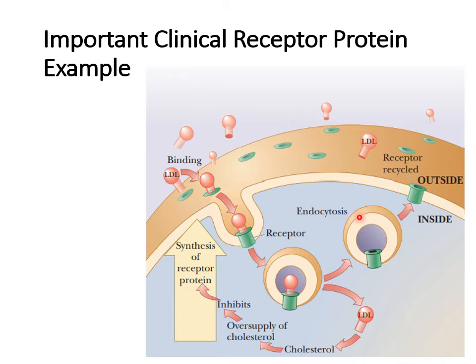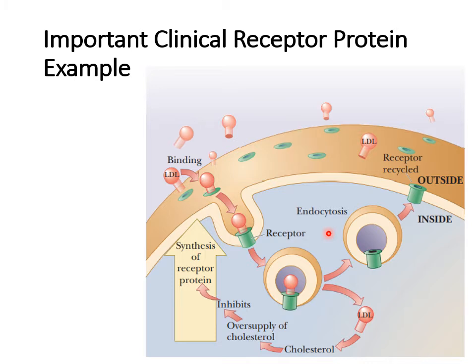And what happens is if you have too much cholesterol, then that excess cholesterol will inhibit the synthesis of the LDL receptors. And so if now you're going to have fewer LDL receptors, that means that you'll get less LDL transport or collection into vesicles and transport out of the cells, and you'll end up with elevated levels of LDL and cholesterol.